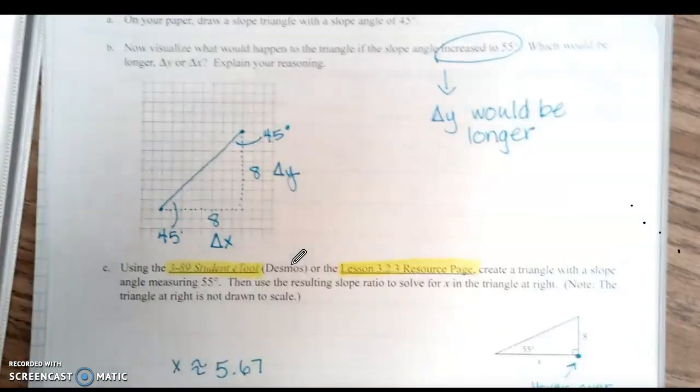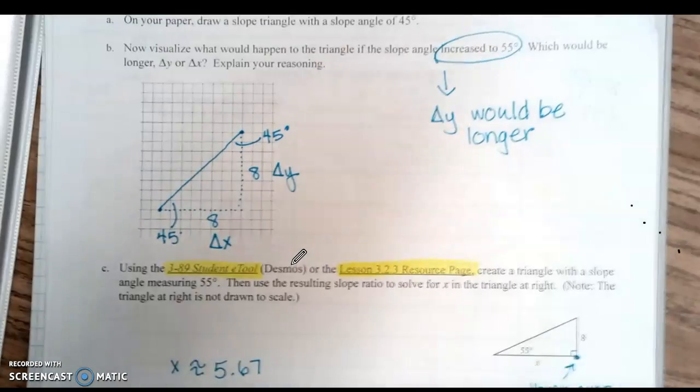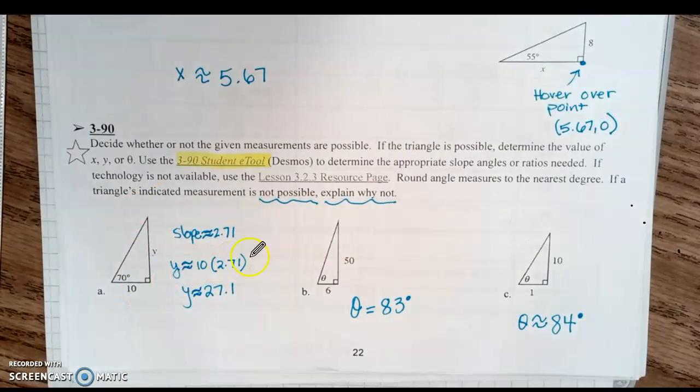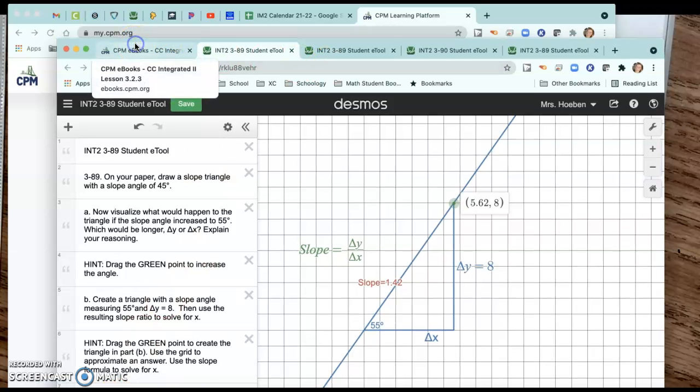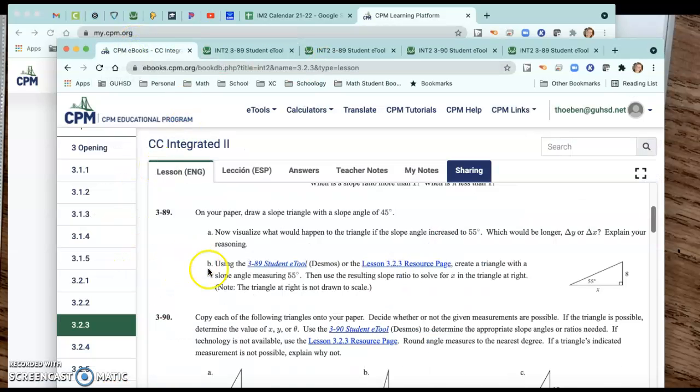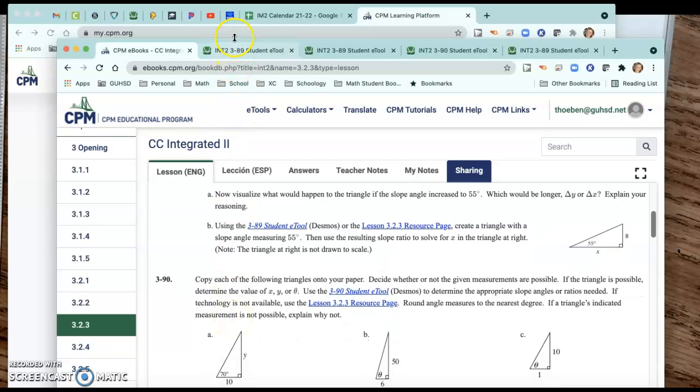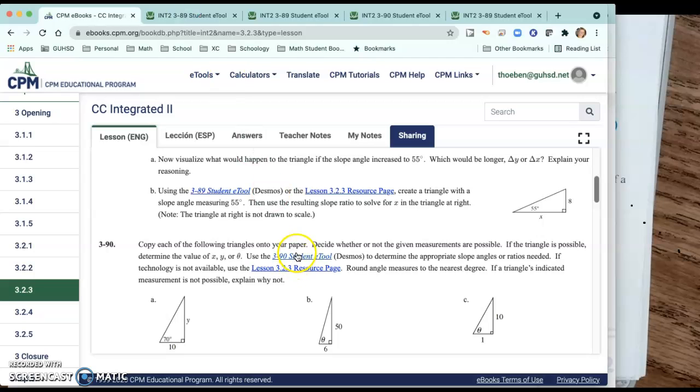So it's going to give you 2 pieces of information, and you're going to need to get the third piece of information. So this time, when we go to the ebook, instead of clicking on question 89 e-tool, you're going to click on question 90 e-tool, which is down here in question 90.